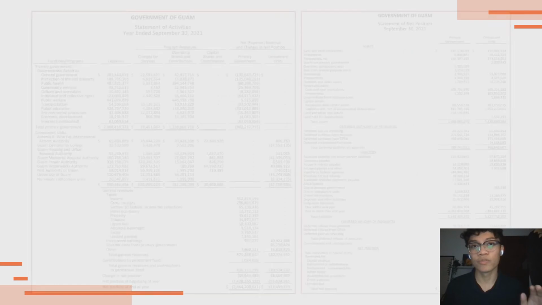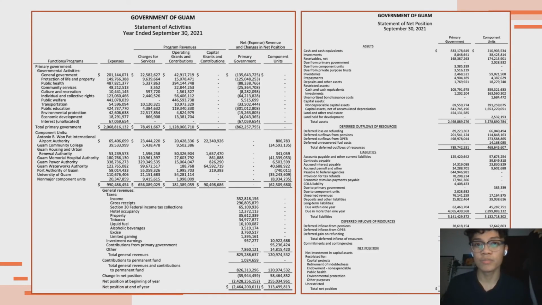So GovGuam has many discretely presented component units, such as UOG, GCC, JWA, all of that. And all these transactions between the primary government, GovGuam, and its discretely presented component units, because they are treated as external entities, should be reported as revenues or expenses in the statement of activities.